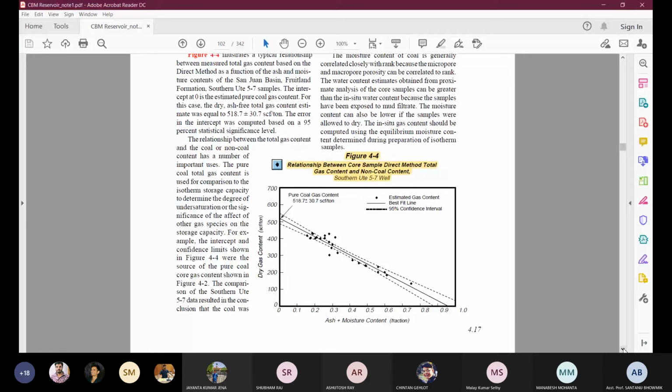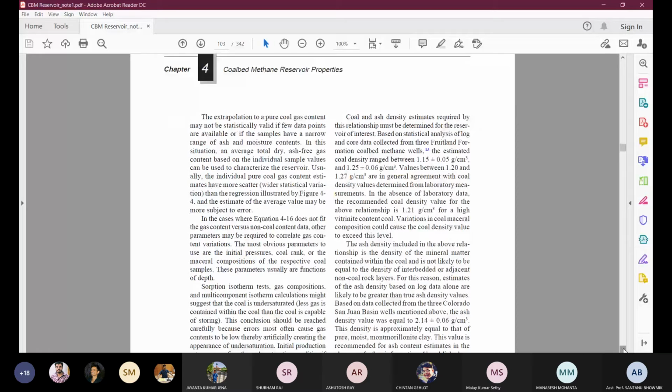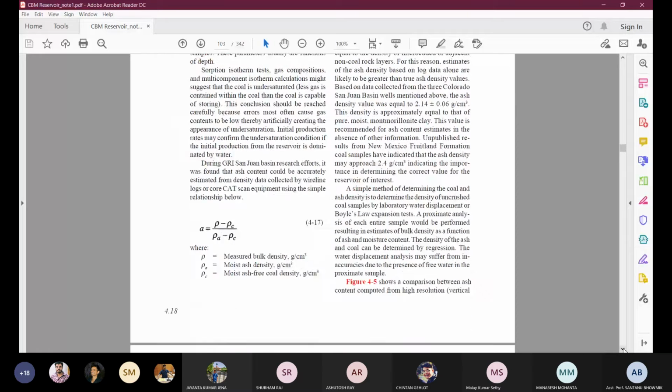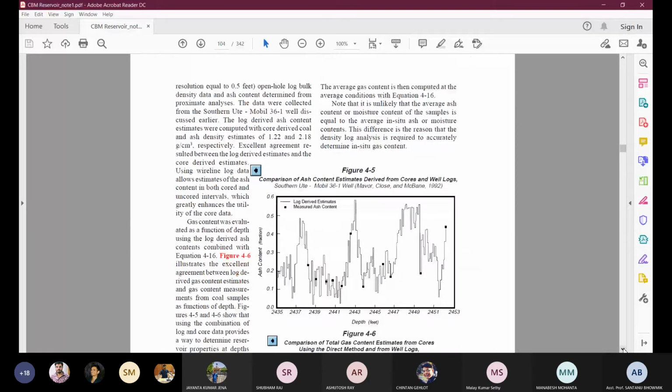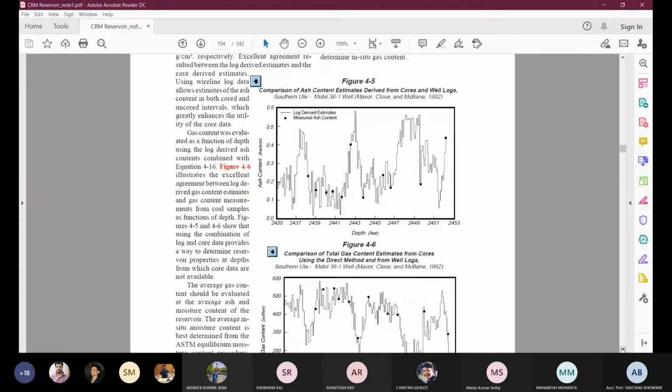Now to do this actual gas in place, I have to skip some of the discussion because it is not that important. There may be some difficulty for you to understand at this point, but when you have studied the total parameters, then reading this text will be easy for you.